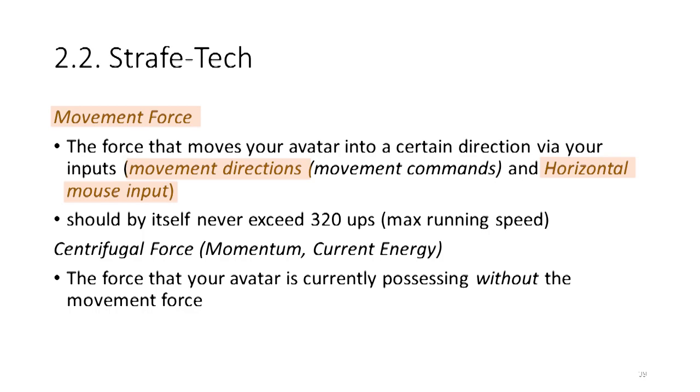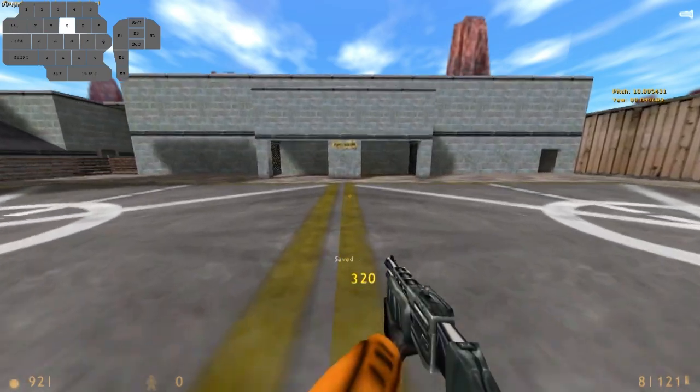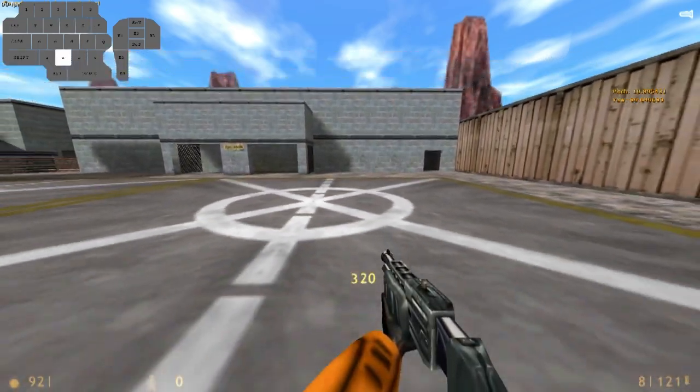Those two together make up what I want to conceptualize as the movement force, because they are both possible to influence via your inputs. To analyze those concepts, let us first of all imagine running in a circle just using movement directions via movement commands.